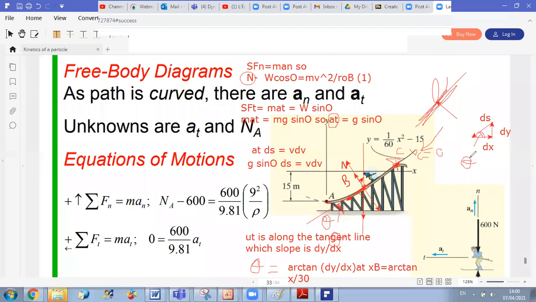And because this angle is theta, what can I put in place of ds sin theta? Look in the triangle. From the triangle, ds sin theta equals what? Plus dy or minus dy?